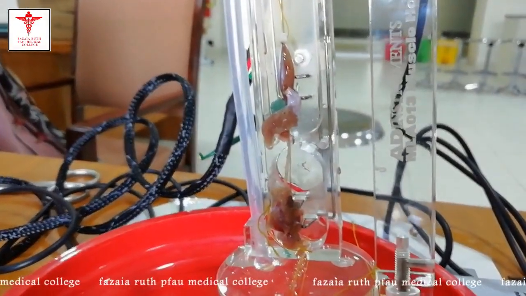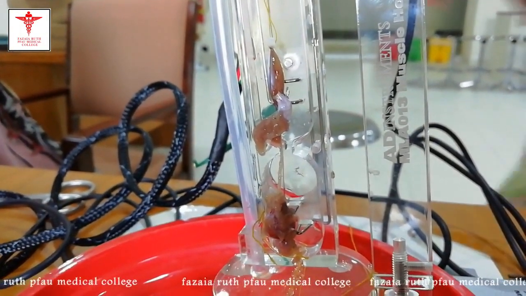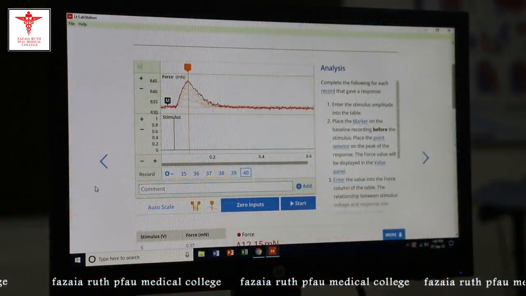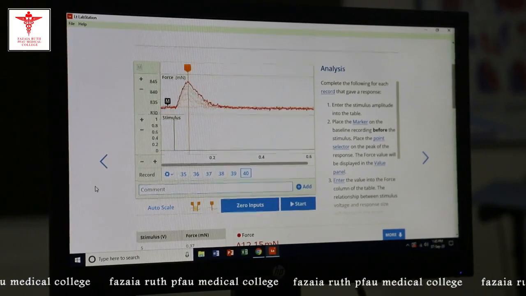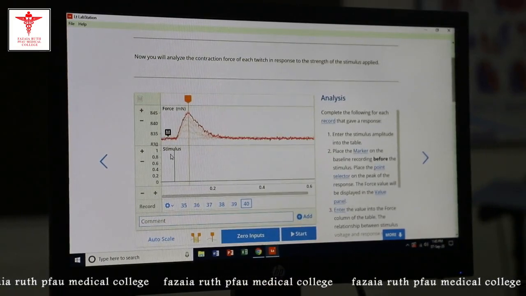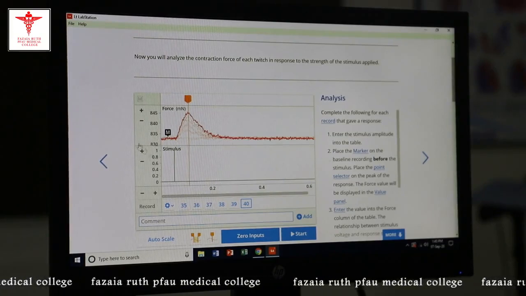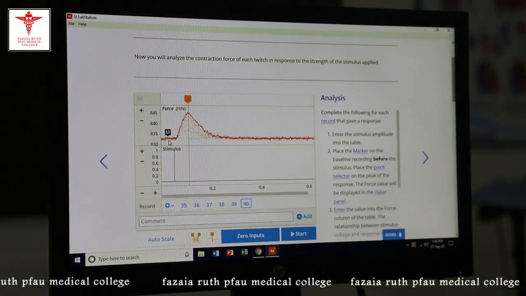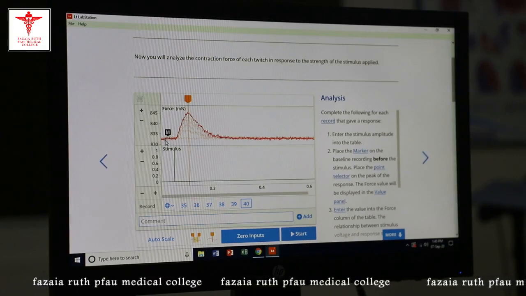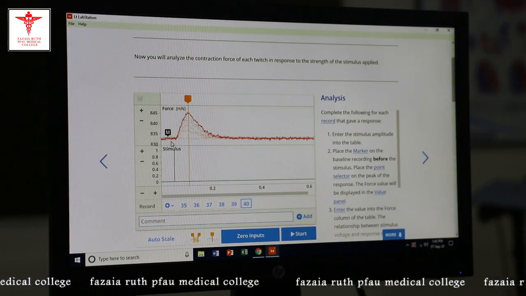Okay, so we start with twitch recruitment first. As I showed you in the previous graph, the twitch is just like this. It consists of a latent period which starts from here. And what is a latent period?